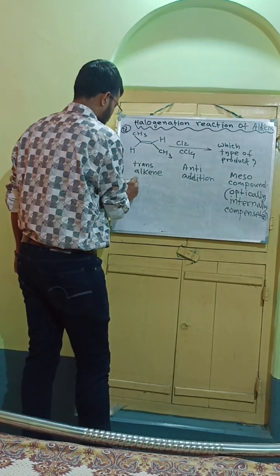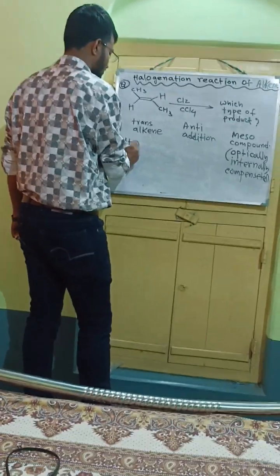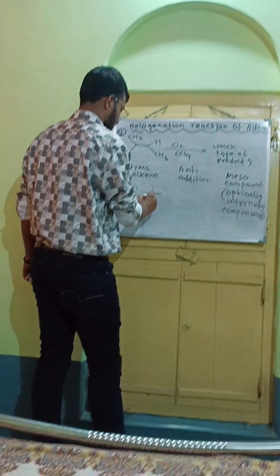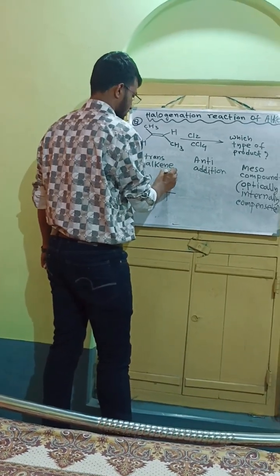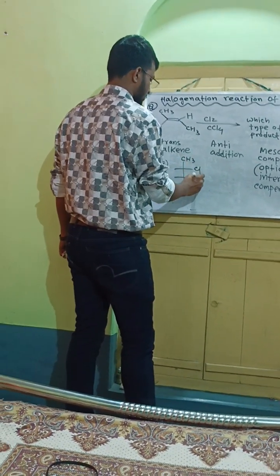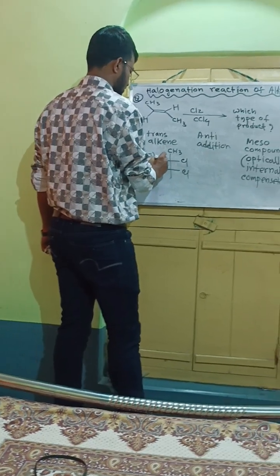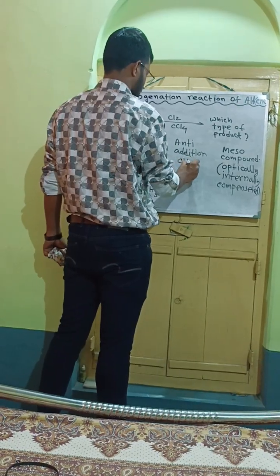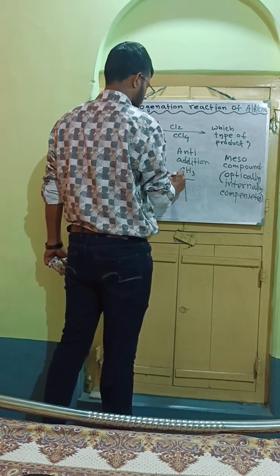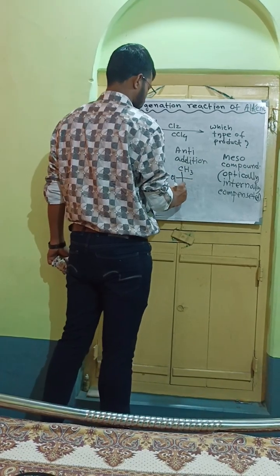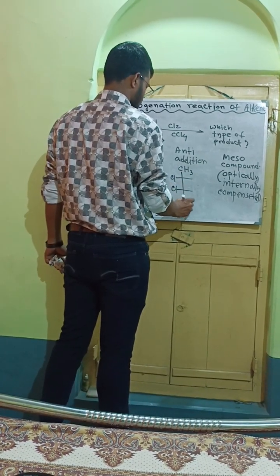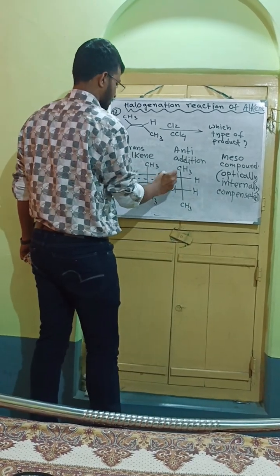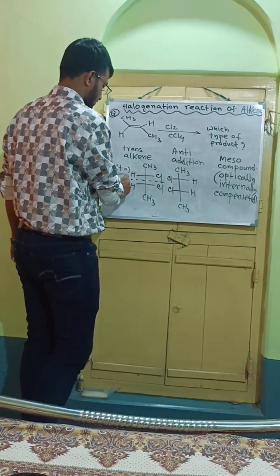Here the product from the previous mechanism we can find that CH3, Cl, H, CH3 and CH3, Cl, CH3, H, and here a sigma plane will be there.